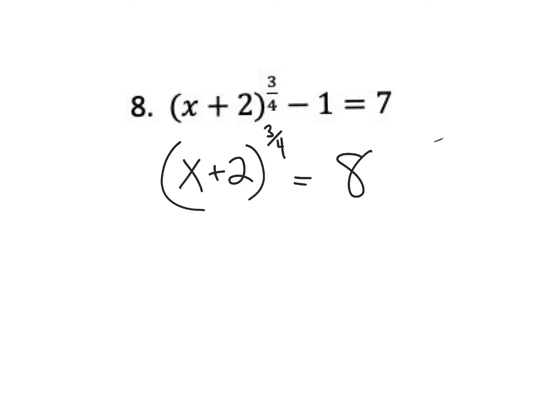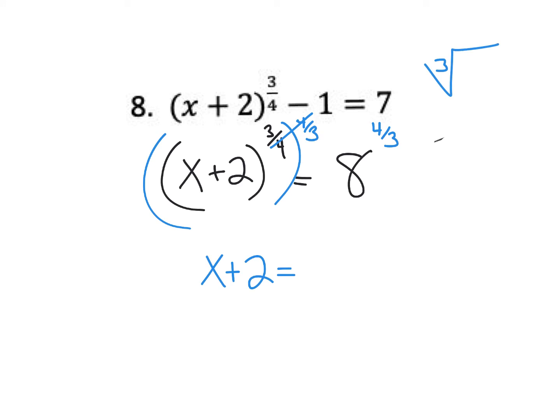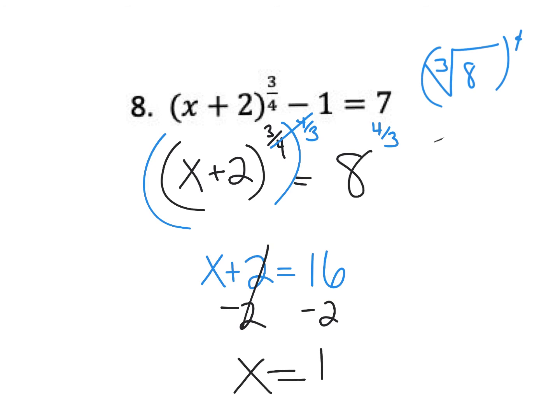Now I'm going to raise both sides to the reciprocal power, which would be the 4/3, and to the 4/3 on this side. 3/4 times 4/3 is 1, leaving me with just x plus 2. 8 to the 4/3 you can type into your calculator, or if you're good at mental math, recognize that's the same as the cube root of 8, which is 2, raise that to the 4th power, and I get 16. Lastly, subtract 2 from both sides, and I get x equals 14.